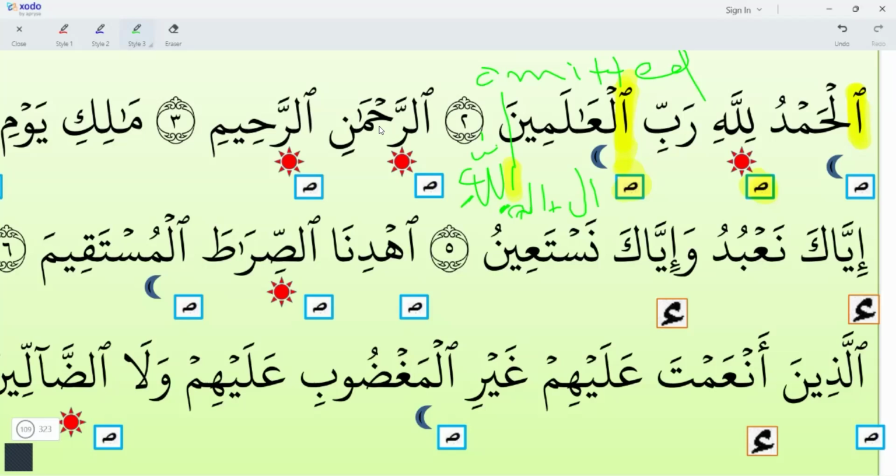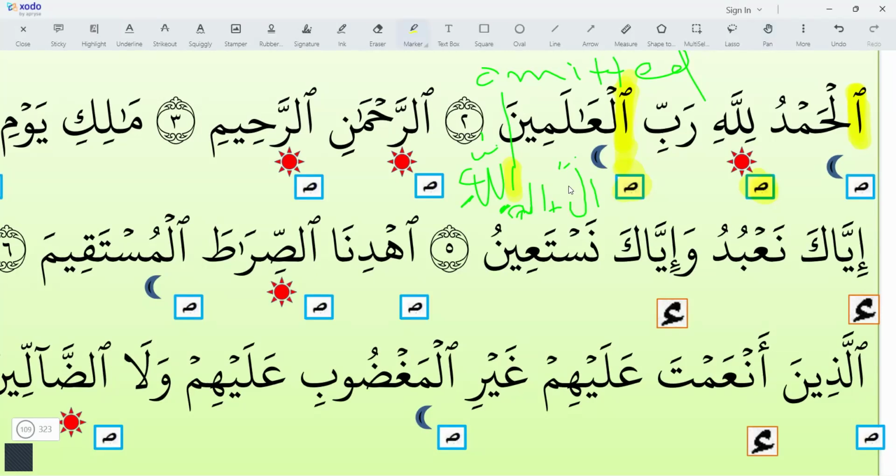So it becomes Allah. This lam we don't pronounce. Okay, next Ar-Rahman. Who will read the next ayah? Ayah number 2.